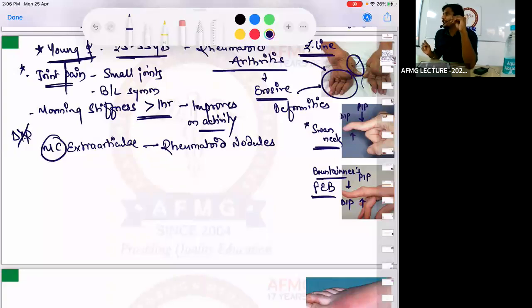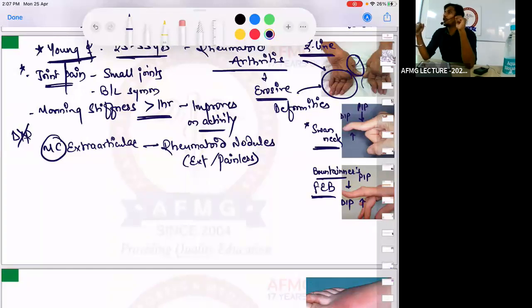So these rheumatoid nodules are subcutaneous. These are mainly present on the extensor, and these are non-tender. That means painless nodules. Okay? Most common extra-articular manifestation is rheumatoid nodules.